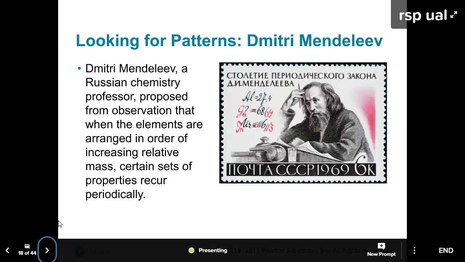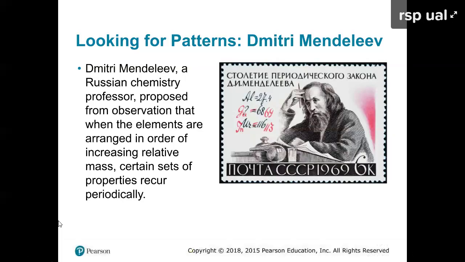Now, when it comes to the periodic table, a lot of how the periodic table is organized can be attributed to a lot of different individuals. This gentleman here, the Russian physicist slash chemist, Dmitry Mendeleev, probably gets the most credit.